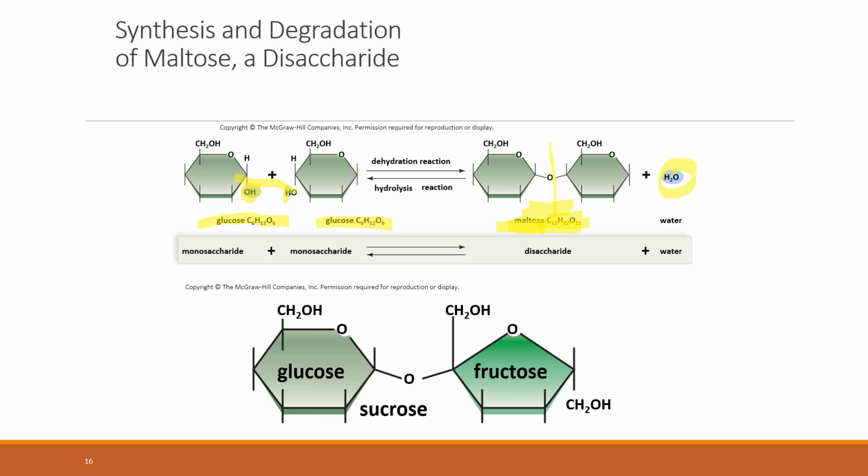Likewise, if you were making sucrose, you would take a glucose and a fructose and do a dehydration reaction to form the sucrose, which is the disaccharide. If you ate sucrose, you would have to then break it down in your small intestine using hydrolysis to break that bond and go back to glucose and fructose.